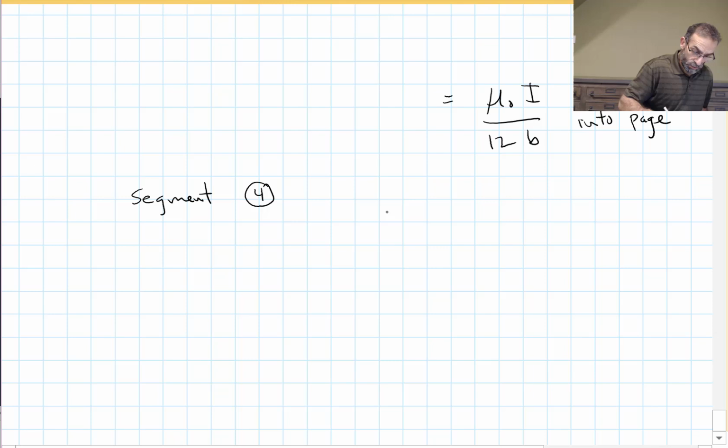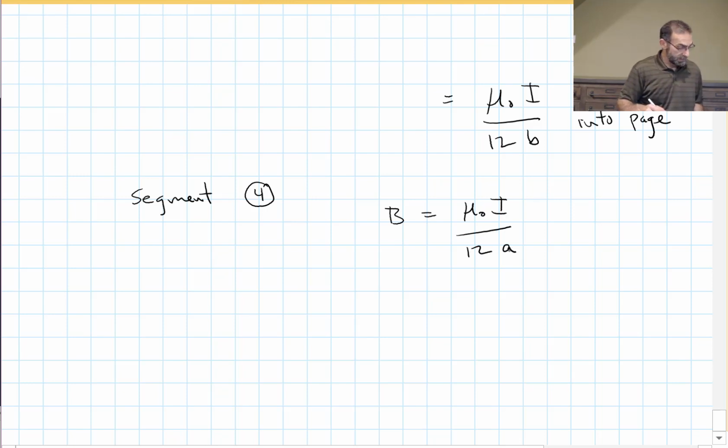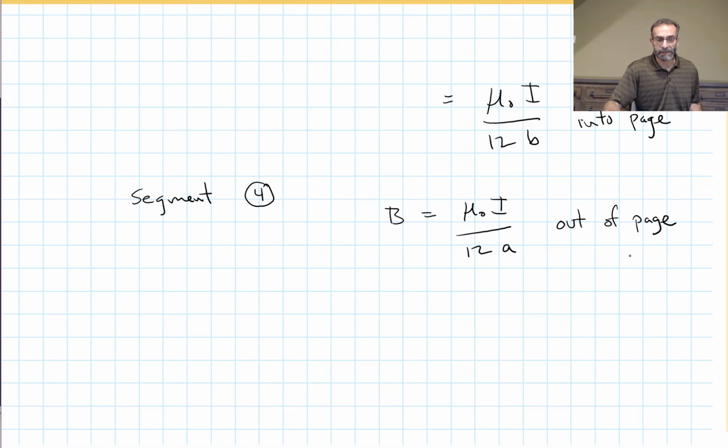And segment 4, we're going to get the exact same thing. Mu naught I over 12, except now the radius is A, and the direction will be the other way. You can practice going through it, following the steps I did in the previous segment, and see if you get this same answer.